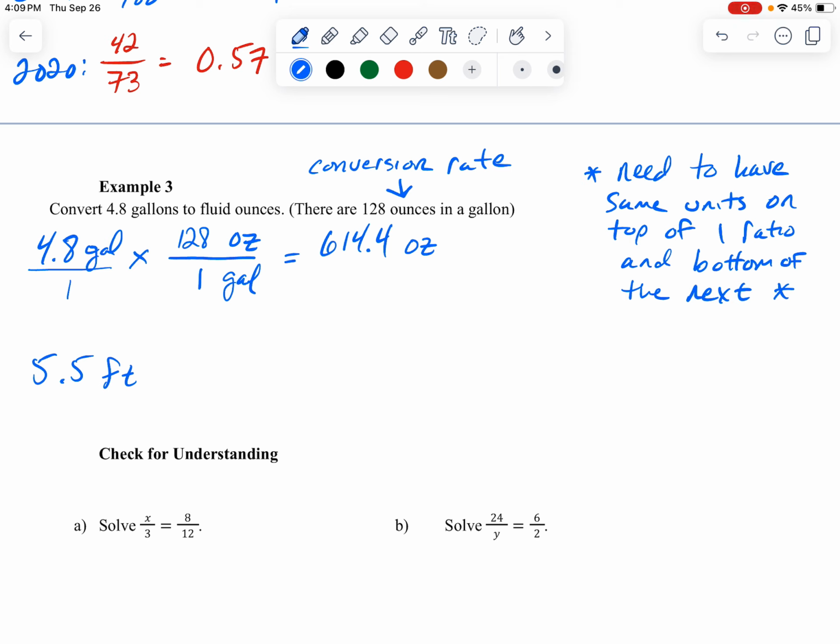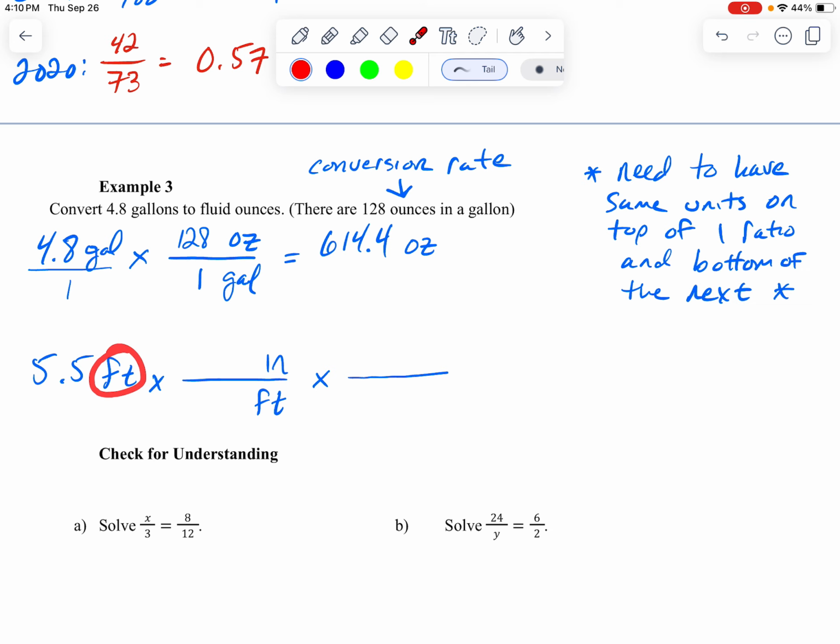Okay. Maybe I don't know how to do that in one step, but if I know that there are 12 inches in a foot, I can start there. I can go from feet to inches, and then maybe I can go from inches to centimeters, because that's a more common conversion.